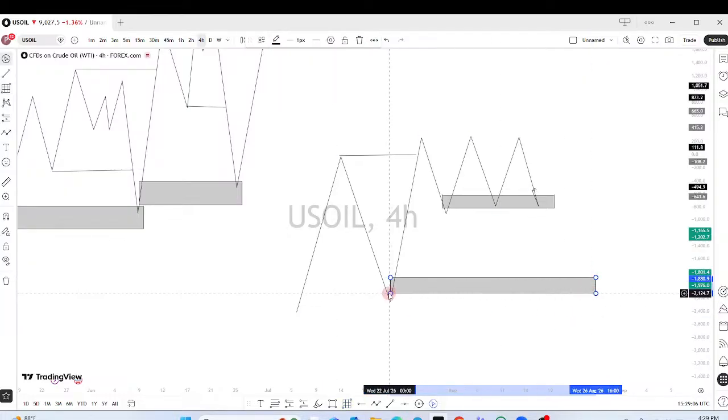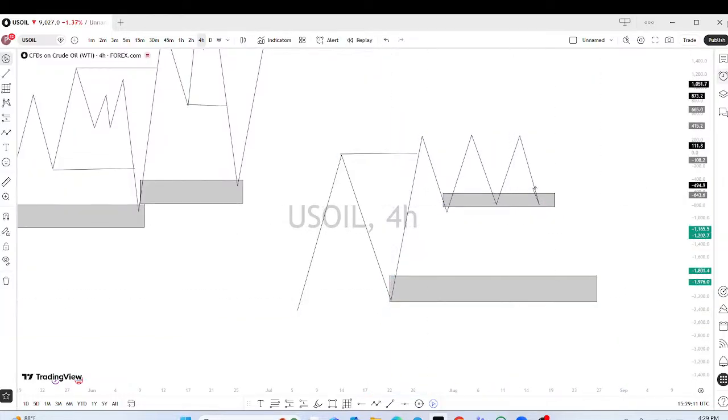Just know that it doesn't matter if price creates this thing here and then starts moving like this. Don't jump because price is moving.